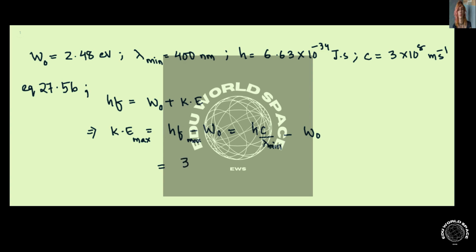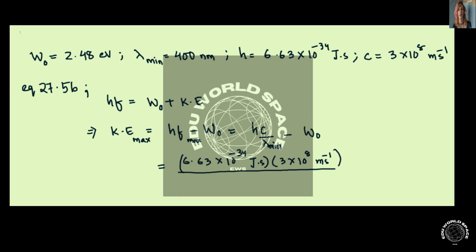So h is 6.63 times 10 to the power minus 34 joules per second. c is the speed of light, which is 3 times 10 to the power 8 meter per second.